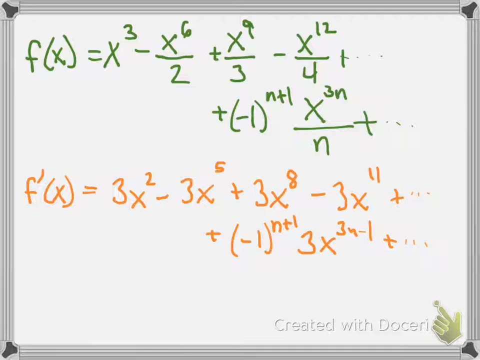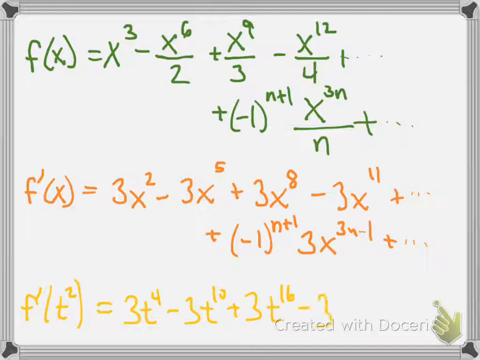So now we want the first 4 non-zero terms for f prime of t squared, and so f prime of t squared, I should be able to squeeze this down here if I leave the general term off, will be 3 t squared squared, t to the 4th, and then minus 3 t squared to the 5th, t to the 10th, and then plus 3 t squared to the 8th, or t to the 16th, minus 3 t squared to the 11th, which is t to the 22nd power.